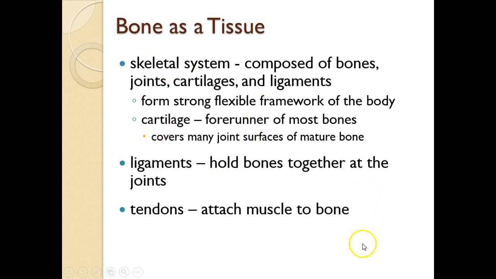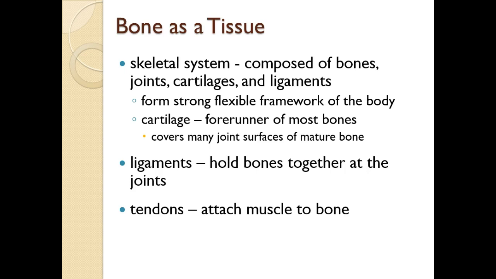But first, let's start by just doing a recap. Some of this you all saw in the tissues chapter. First, the skeletal system is composed of bones, joints, cartilage, and ligaments. So you should know those structures are part of the skeletal system. Bones, joints, cartilage, and ligaments.